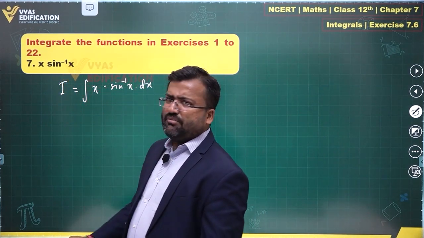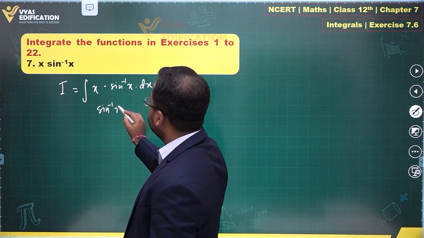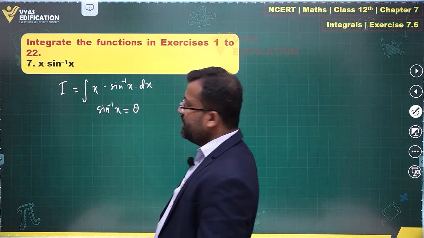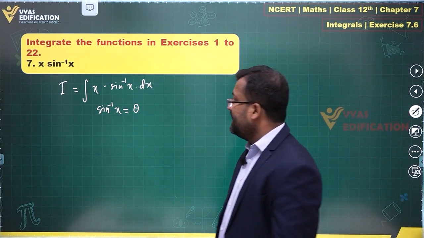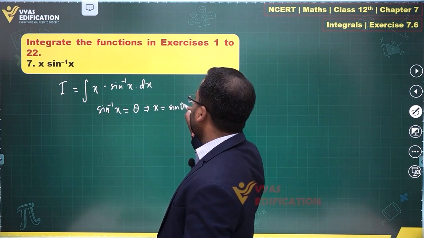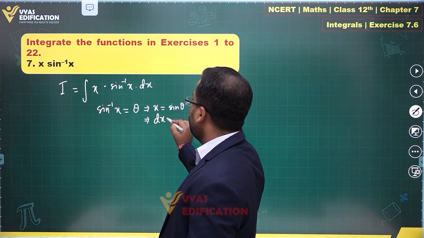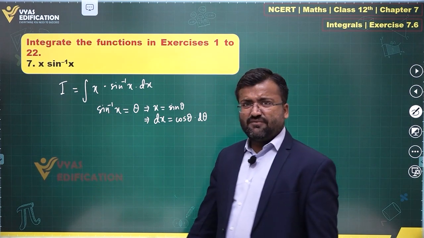The sine inverse x is the problem-creating thing, right? So can I take sine inverse x as some new variable? Can I replace sine inverse x by theta? That tells me x will be equal to sine theta and dx will be equal to cos theta times d theta. Yes or no? Yes.